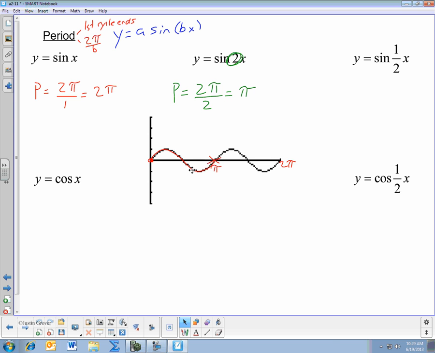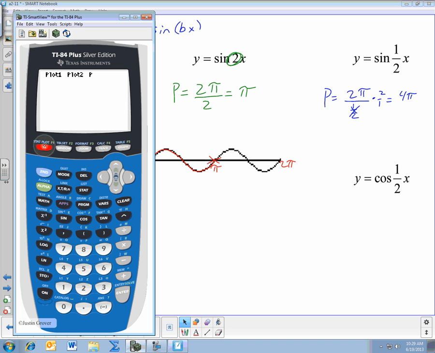And so in our third example here, our period would be 2 pi over 1/2, and we know dividing by 1/2, we really just do times 2 over 1, and so your period is 4 pi. And when you take a look at this graph, y equals sine 1/2 x, remember our window here is 0 to 360.